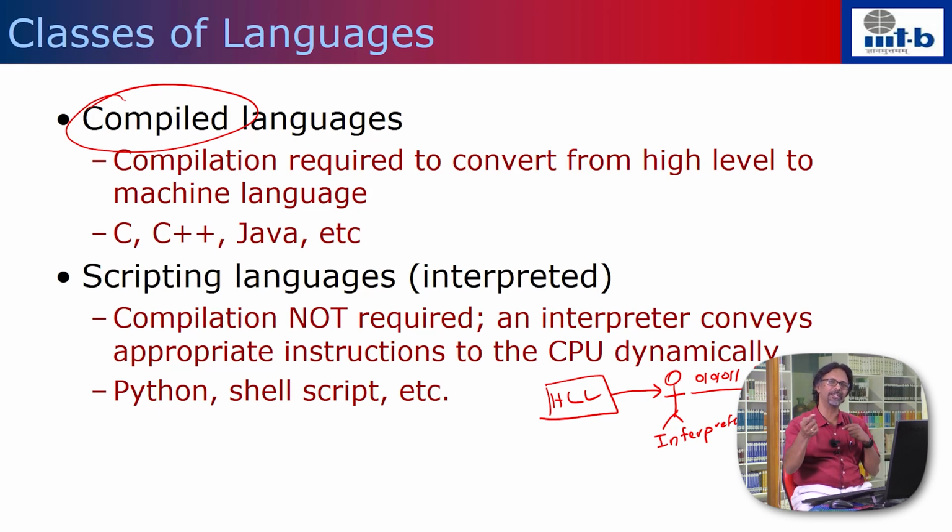So there's a lot of context switch that's happening, which slows the whole process down, right? Having said that, scripting languages are also very convenient because you can see the result of your instruction immediately without having to go through an intermediate stage of compilation, right?